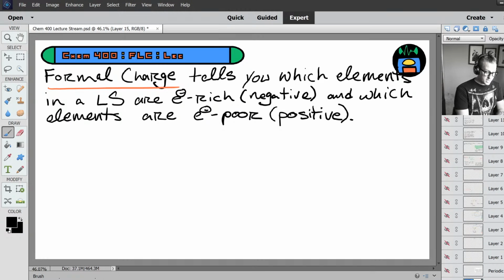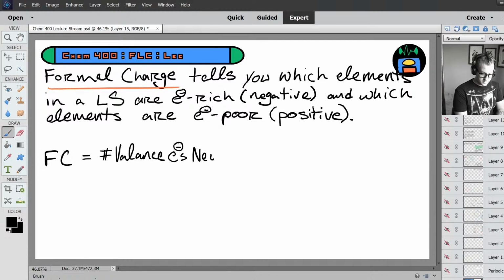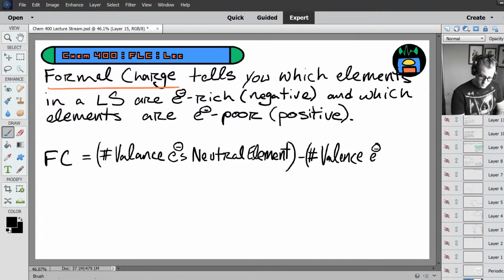Now, the equation for calculating formal charge is equal to, you take the number of valence electrons for the neutral element and you subtract the number of valence electrons in the Lewis structure.